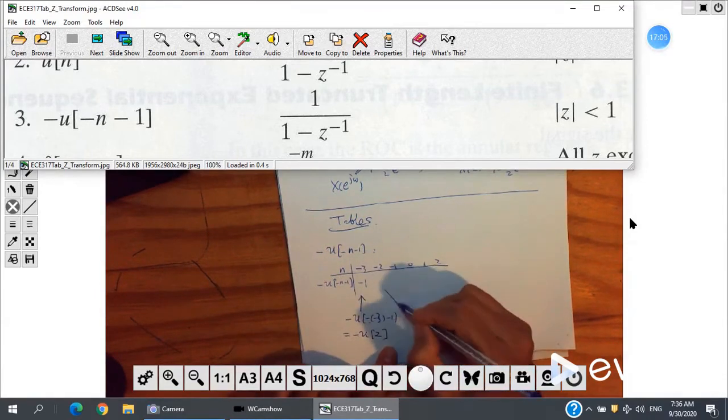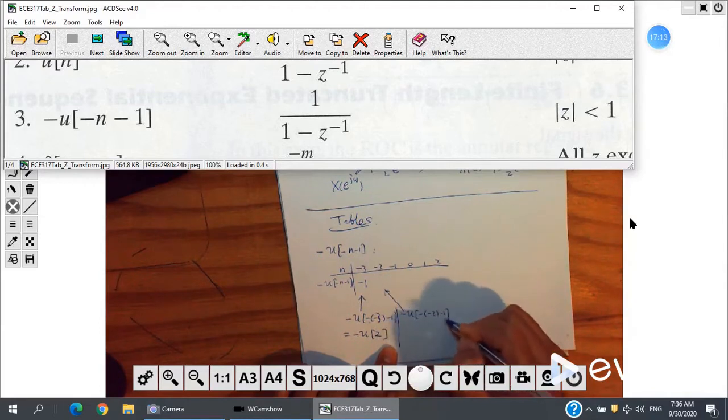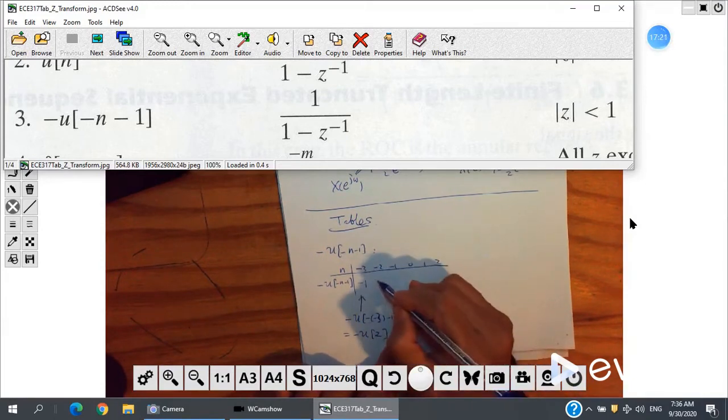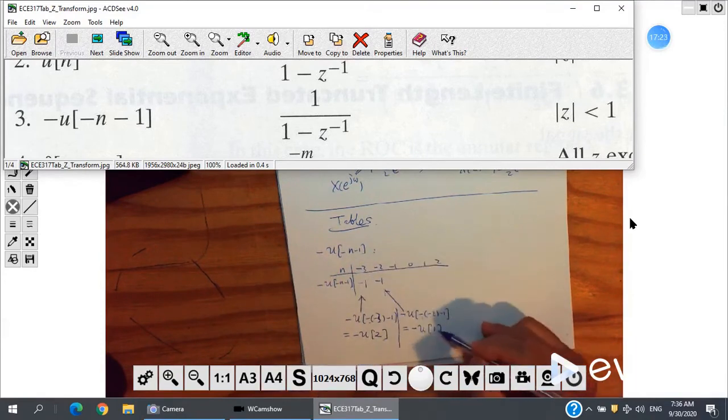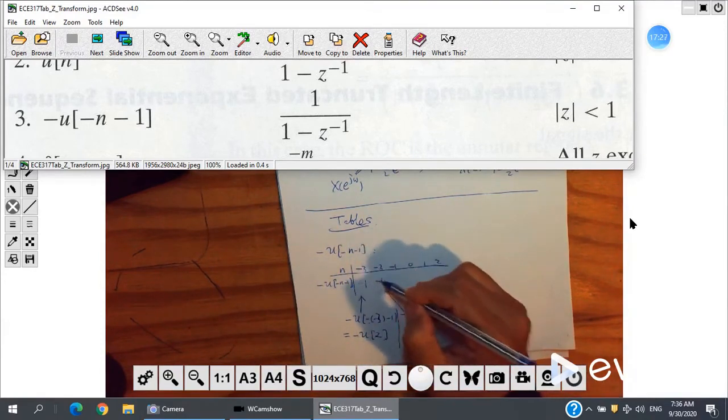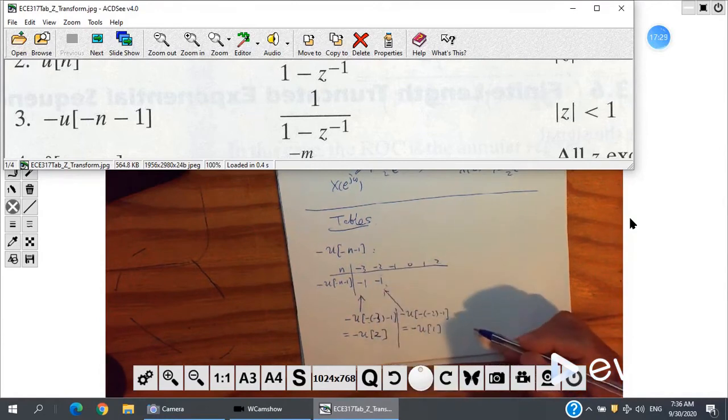And this value here will be negative u of negative 2 minus 1, so similarly this is negative u of 1. U of 1 is 1, so this is another negative 1.